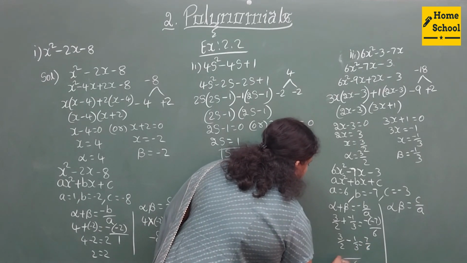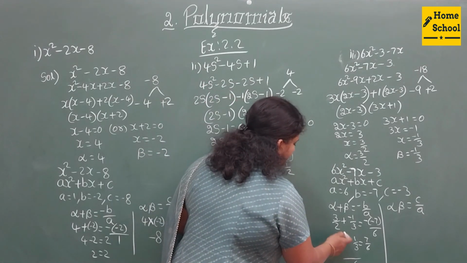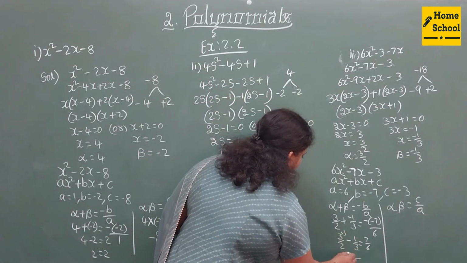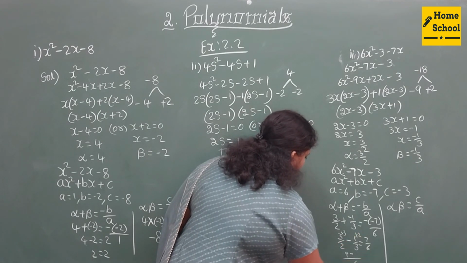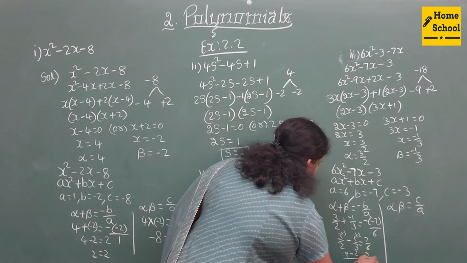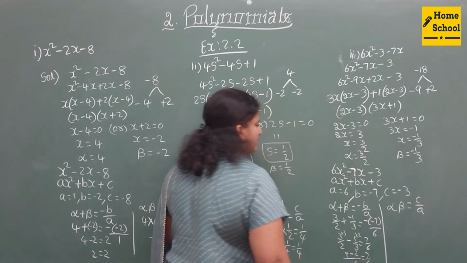Do LCM here, 3 and 2 is 6. Then here 2, you have 3 multiply: 3 3s are 9, minus. So 3 2s are 6, multiply here 2. 9 minus 2, that is none other than 7 by 6, is equal to 7 by 6.